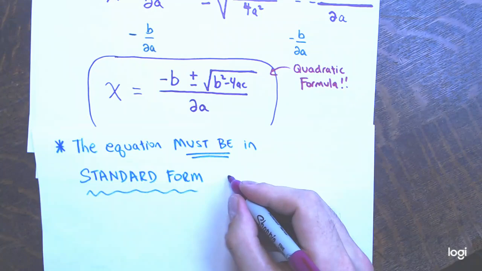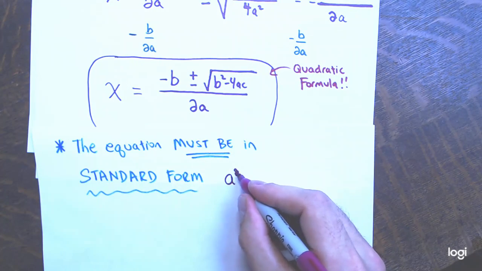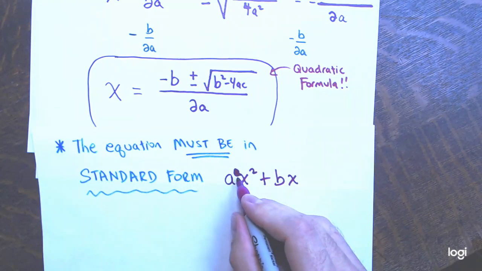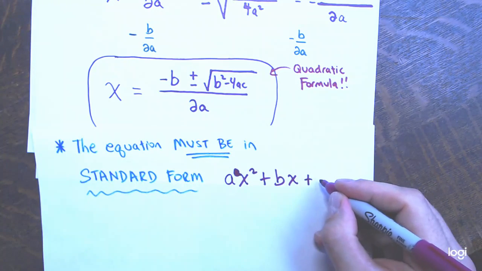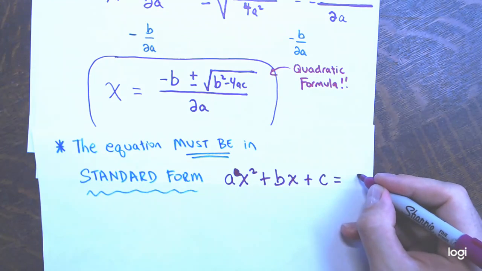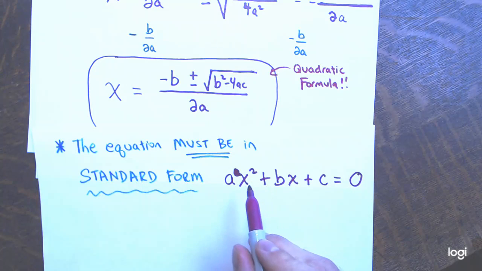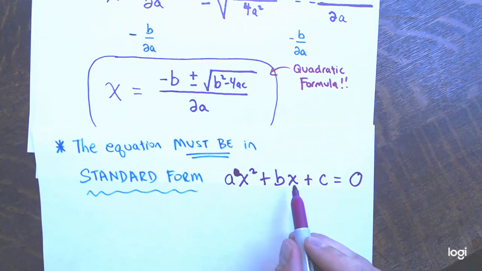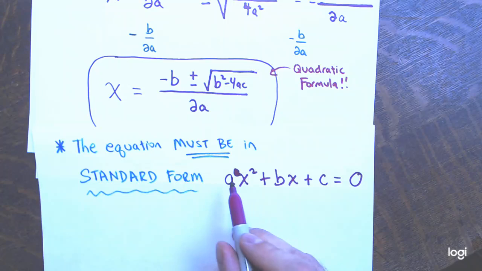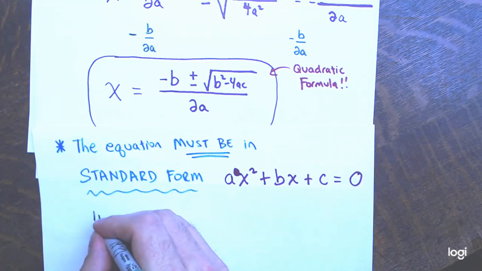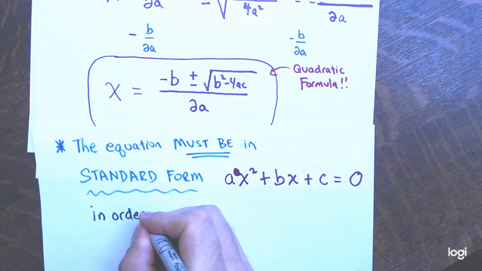Again, everything on one side: a times x squared plus b times x plus c equals 0, right? No parentheses over here, it's just a number times x to the second, the variable to the second, plus a number times the variable to the first, plus another number. That's it. No parentheses or nothing. Equals 0 on the other side. The equation must be in standard form in order for you to use the quadratic formula.